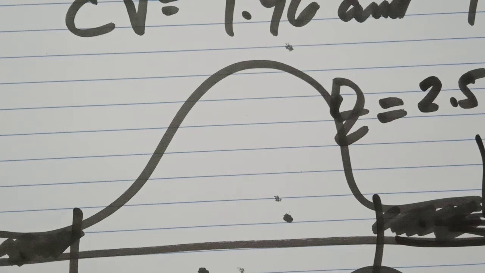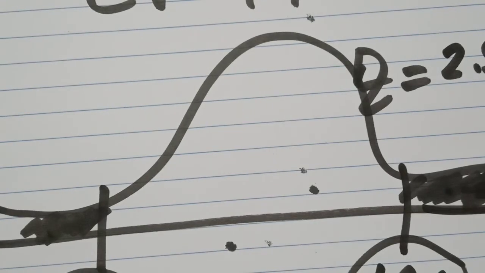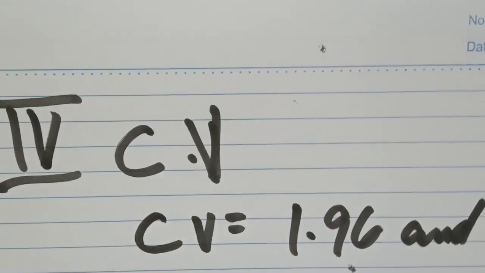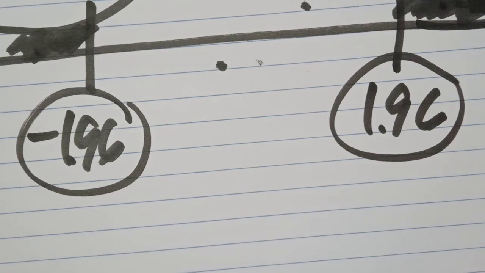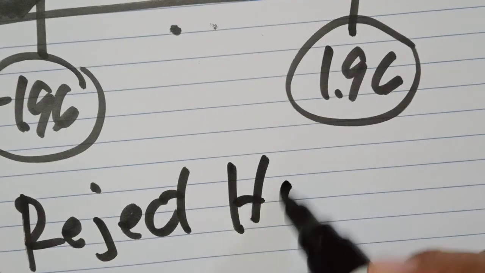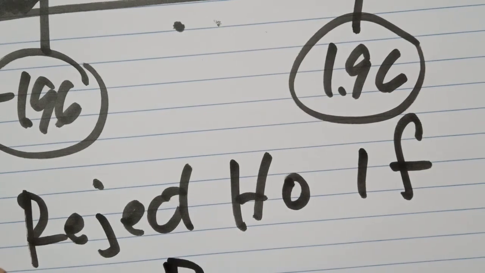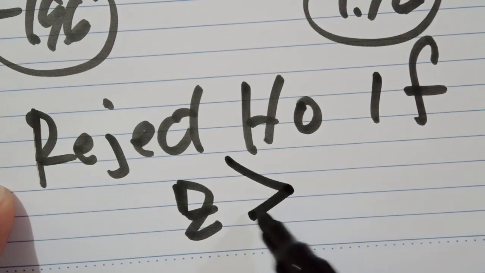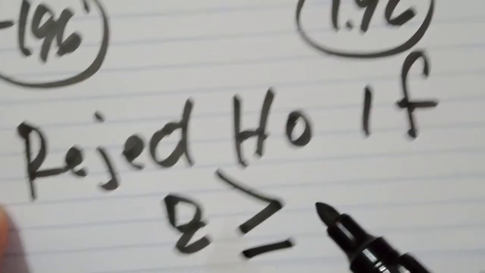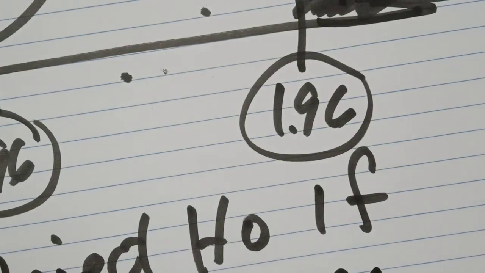Okay? So maaari ka ding sa step 4 pwede mo na ring i-set yung magiging decision mo sa step 5. So pwede kang maglagay: reject H0 if Z, yung computed Z, is greater than or equal to 1.96. Okay?